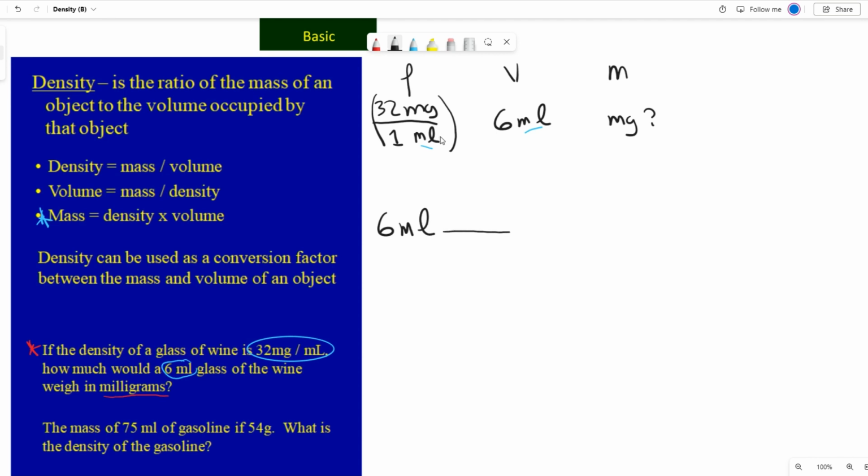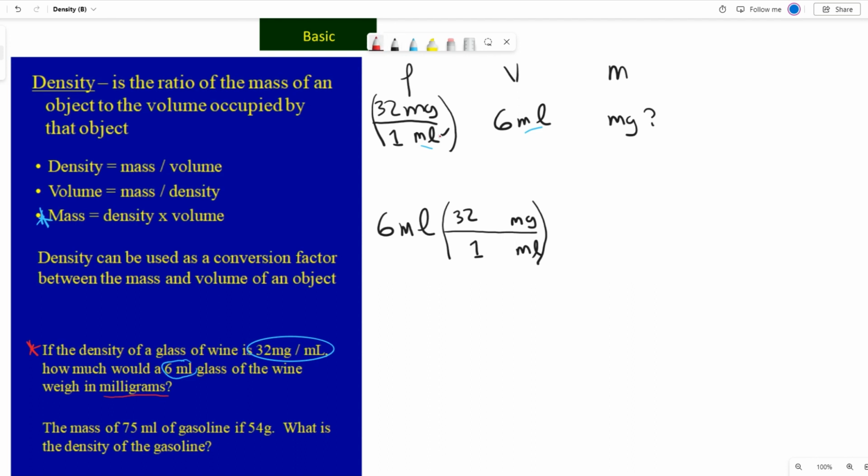So we're going to use the density as a conversion factor. We have milliliters for our volume. We want the milliliters to cancel out, so we'll put that on the bottom, and we want to end up with milligrams, so we'll put that on the top. For our density, the volume is 1 milliliter and the mass is 32 milligrams.